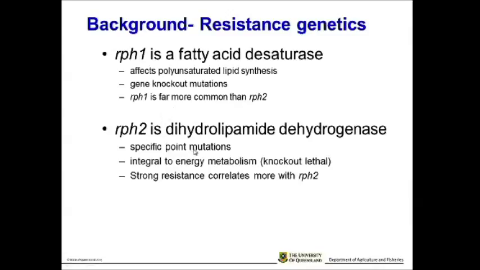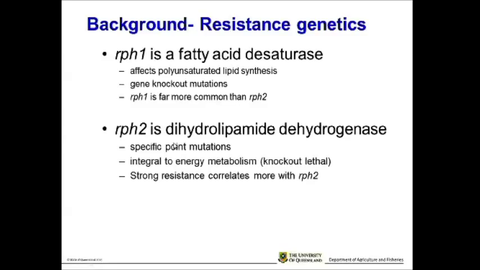RPH2 is a different story. RPH2 is the dihydrolipoamide dehydrogenase gene, or DLD for short, and that is an enzyme that is involved in core energy metabolism.